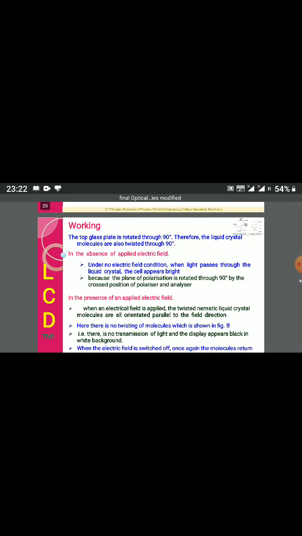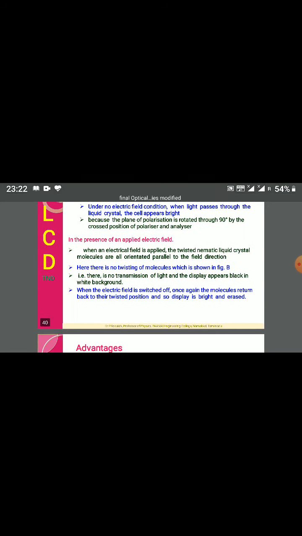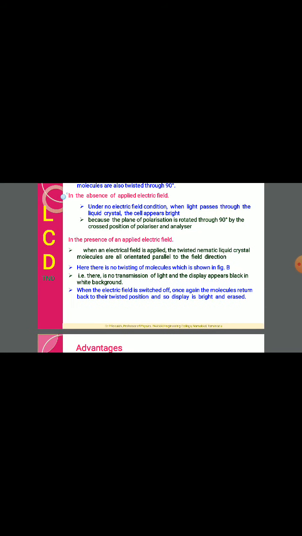There is no twisting of molecules, as shown in figure B. So there is no transmission of light and the display appears black in a white background.